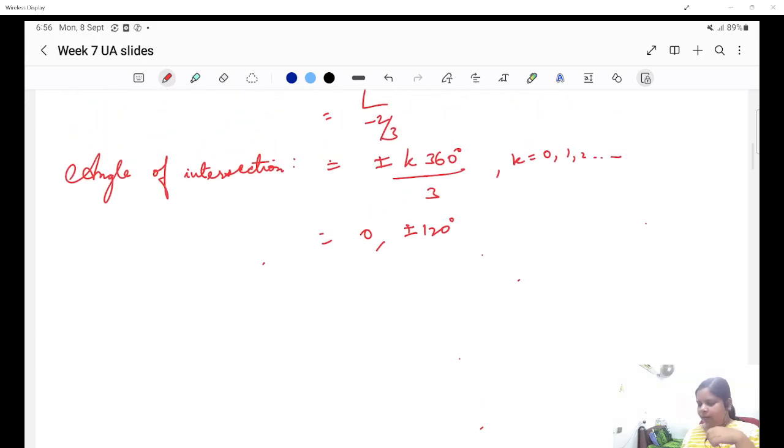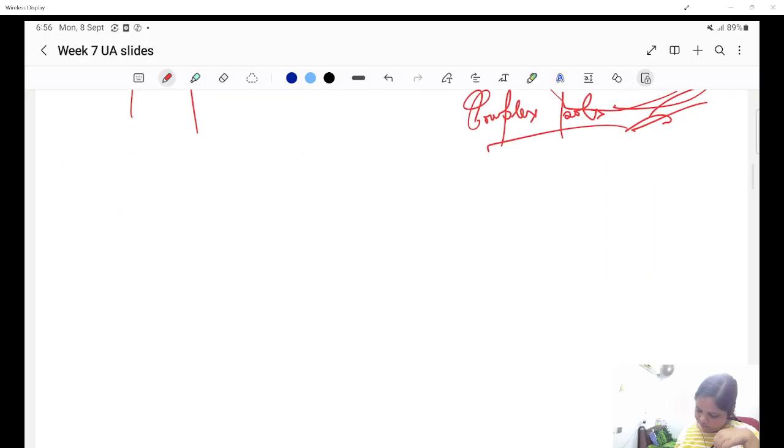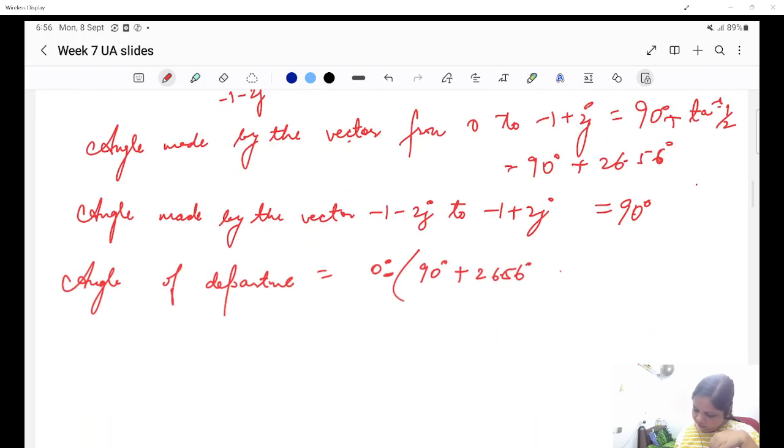So it's going to be this 90°. Okay. So from here what you'll get, it would be equal to 90, 90, 180 and 180 plus 26.56.